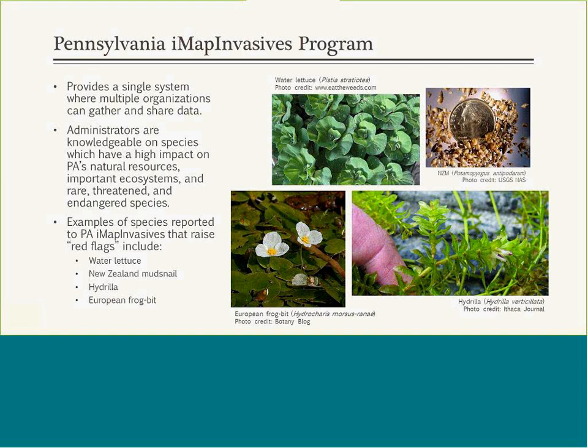So we really feel that what we're doing is important and that we have a high impact on what's going on as far as the natural resources here in Pennsylvania because, as we know, invasive species have a big impact and can be very threatening to valuable ecosystems that support threatened and endangered species.